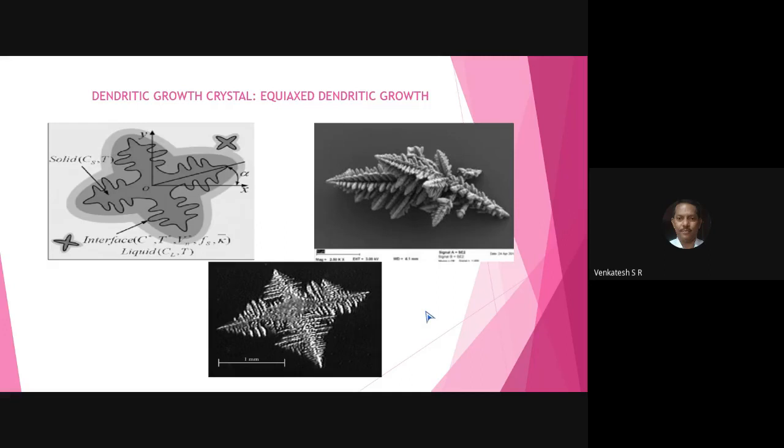Next line, write down number three. The heat transfer between the surface of the liquid metal and the surroundings.